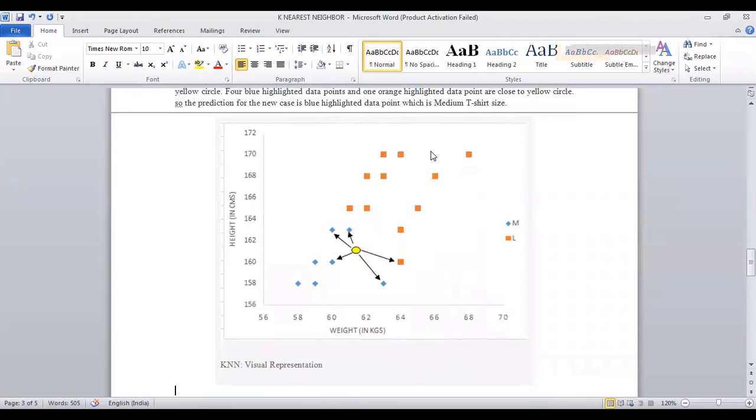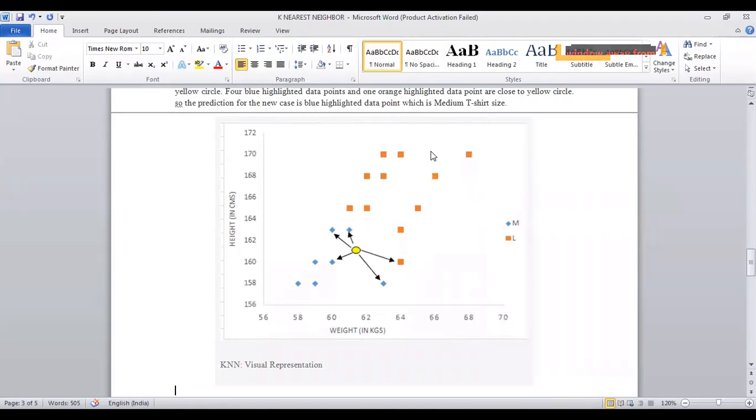So now when you find out the 5 nearest neighbors, you can see 4 nearest neighbors are blue dots and 1 nearest neighbor is an orange dot. So it means Monica is much more similar to the majority of the neighbors who are close to her.